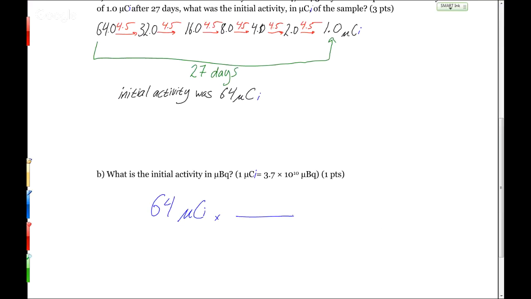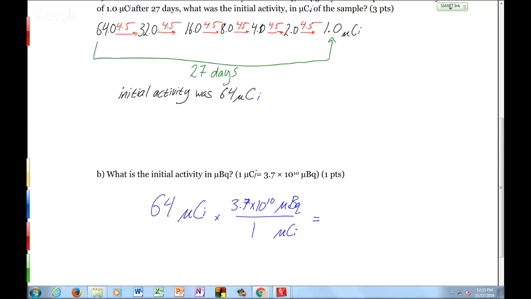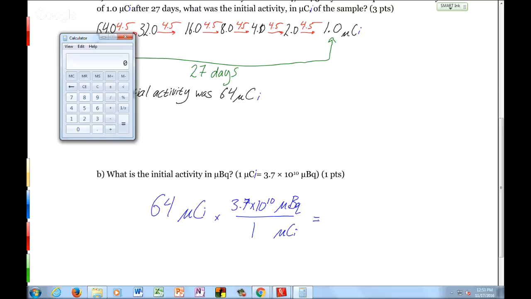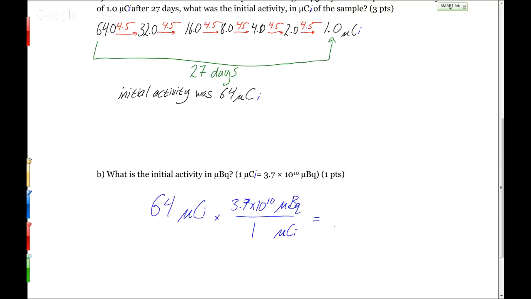We need a fraction that gets us from microcuries to microbecquerels, and that is the conversion that's given. So 64 times 3.7 times 10 to the 10th might be a difficult calculation for certain calculators. So you can do it like this. You can go 64 times 3.7, and then just add on that times 10 to the 10th.